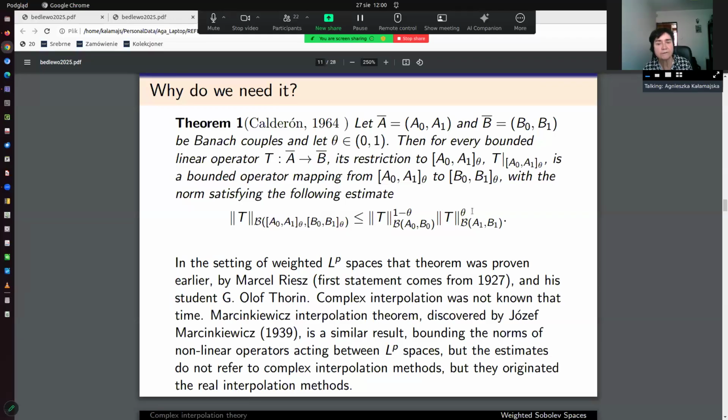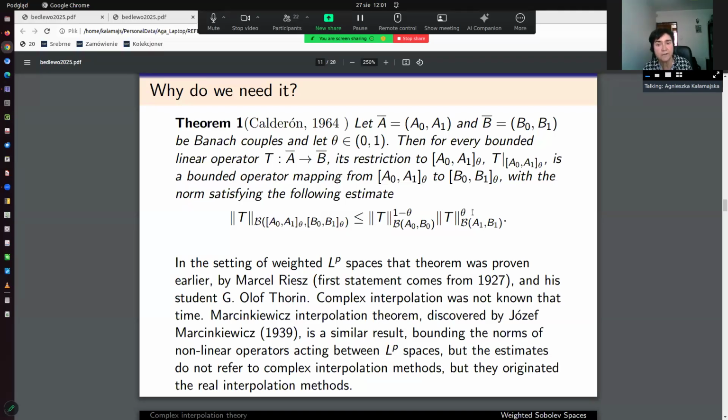So we have an estimate, a boundedness condition for such operators. We not only know that it is bounded from A0 plus A1 to B0 plus B1, but we have full information about boundedness of that operator between the respective intermediate spaces, complex interpolation spaces.